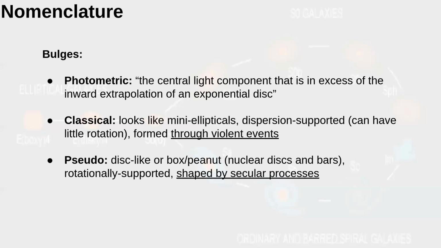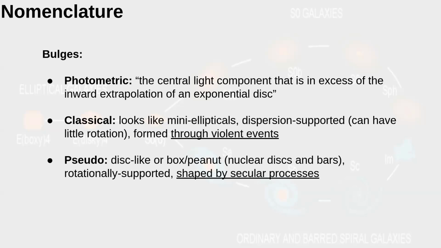On the contrary, you also find in a lot of galaxies pseudo bulges, which instead are more disk-like and are dominated by rotation. Nowadays, thanks to high resolution observations, we actually know that they are really disks, which we call nuclear disks, or they are the inner part of what we call bars.